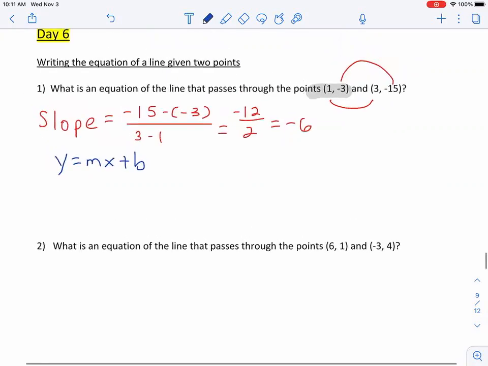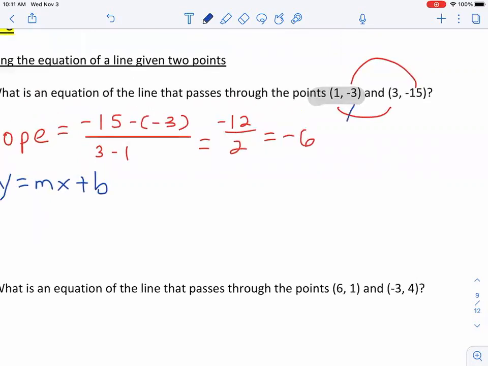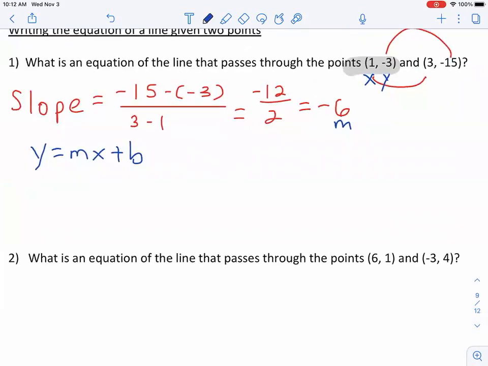So I'm going to plug in negative 3 as my y, 1 as my x, negative 6 as my m, just like we just did, okay? So I'm plugging that into this equation. So I have y is negative 3 equals my m, which is negative 6, times my x, which is 1, and then plus b.